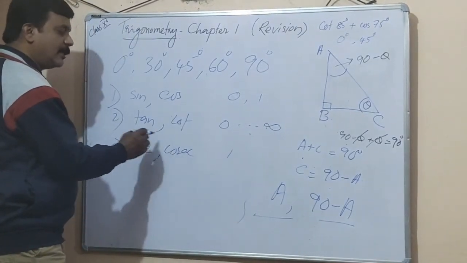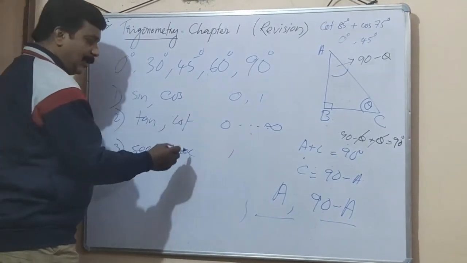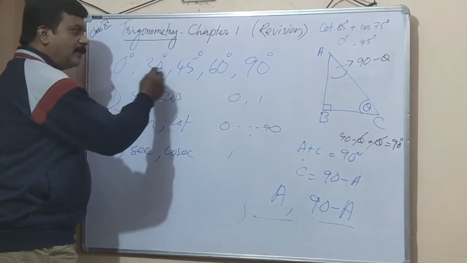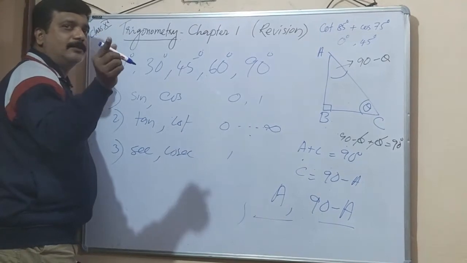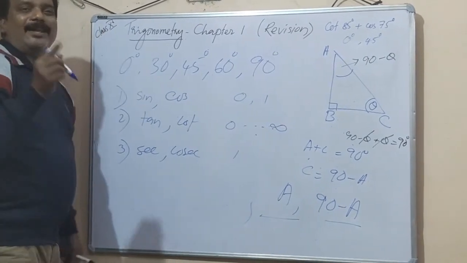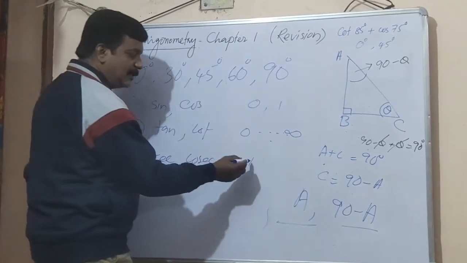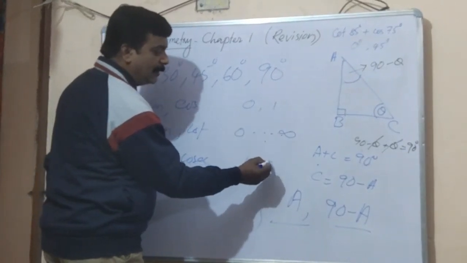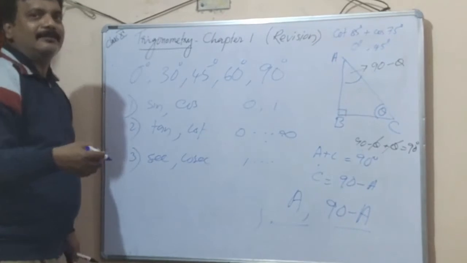But sec and cosec is very different. Sec and cosec of these angles cannot be equal to 0. But it starts from 1, then it exceeds and goes on.